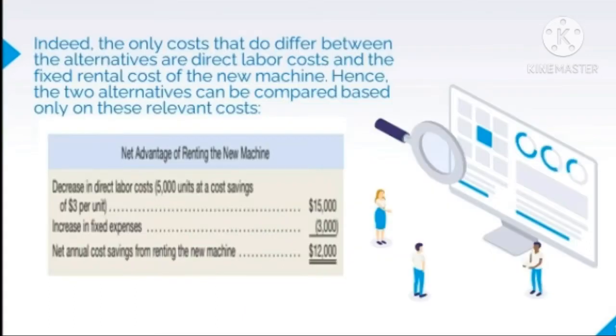Indeed, the only costs that do differ between the alternatives are direct labor cost and the fixed rental cost of the new machine. Hence, the two alternatives can be compared based only on these relevant costs. Decreased direct labor cost, which is 5,000 units at a cost savings of $3 per unit, is $15,000.